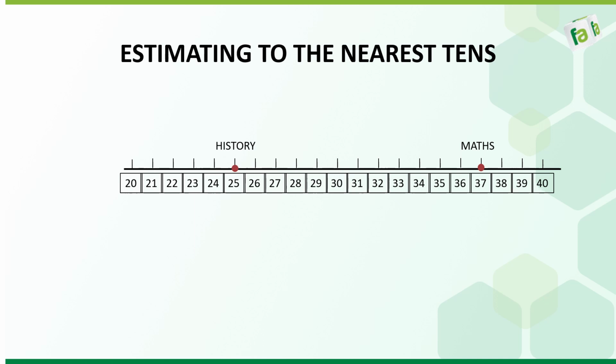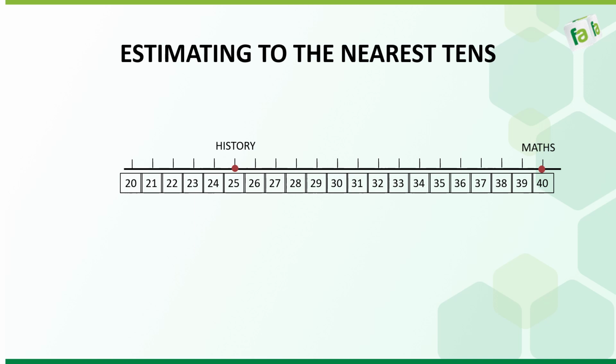First, we need to see that 37 is nearest to 40 or 30. As we can see, 37 is nearest to 40. We can say that Matthew needs to get approximately 40 marks in maths to pass.